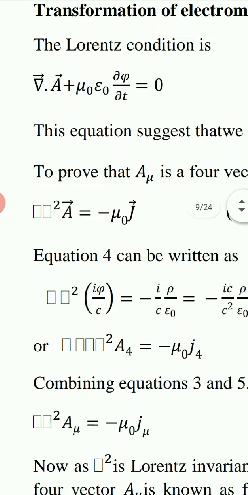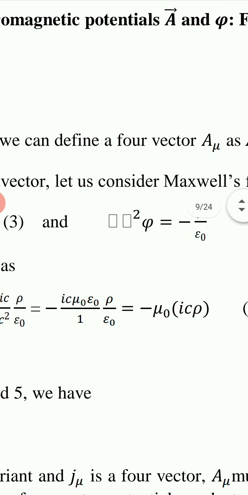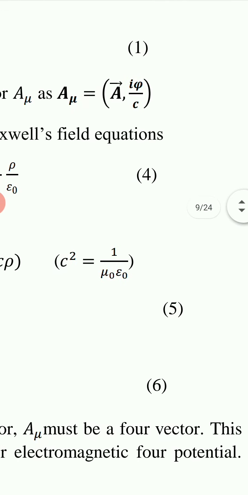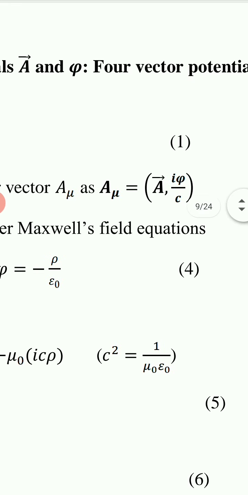This equation suggests that we can define a 4 vector A mu as A mu equal to A vector, I phi upon C, and this 4 vector A mu is 4 vector potential.